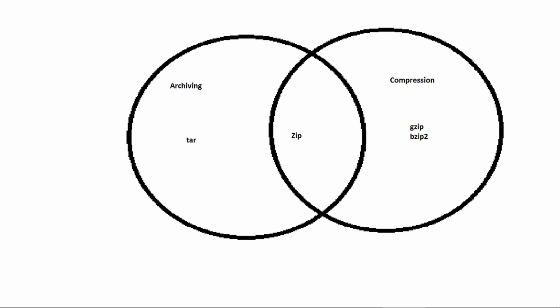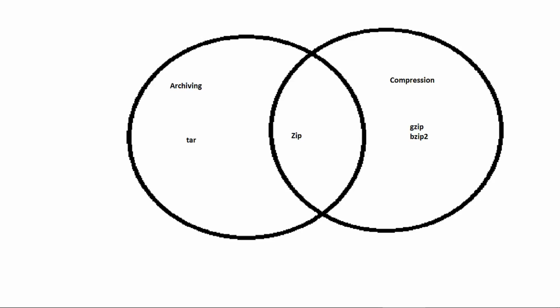So one last thing before we move past this: when do you want to use either? Remember, compression shrinks or compresses a file. Archiving takes multiple files and gives you just one. Instead of trying to send multiple files, we could archive so that we can send just one file. But let's say you have a bunch of Word documents.